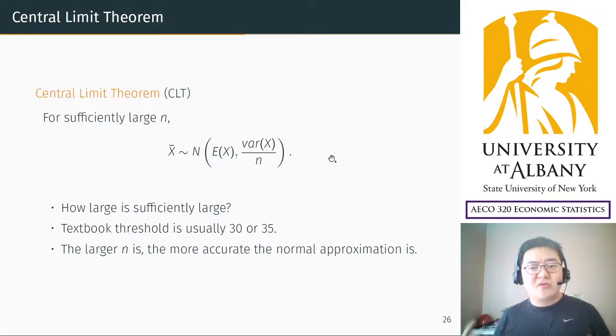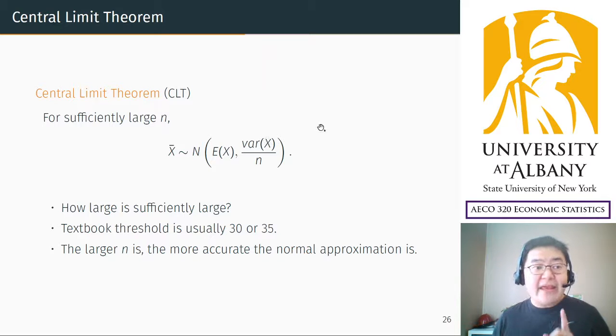And to summarize, no matter what the single outcome's distribution is, we know that the sampling distribution is a normal distribution, and the parameters are given by the original mean and the original variance, the mean of a single observation and the variance of a single observation.